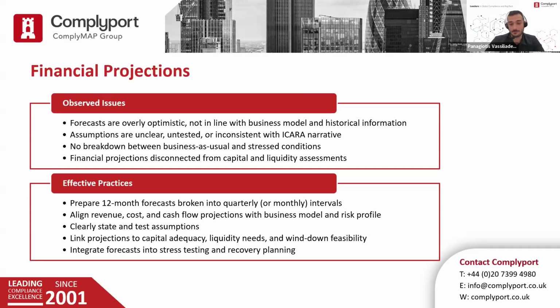And of course, assumptions. They need to be clear, they need to be tested, and they need to be challenged. If you are projecting, for example, a 30% increase in revenue, you need to explain why. Is it based on new mandates, market trends, maybe pipeline visibility?